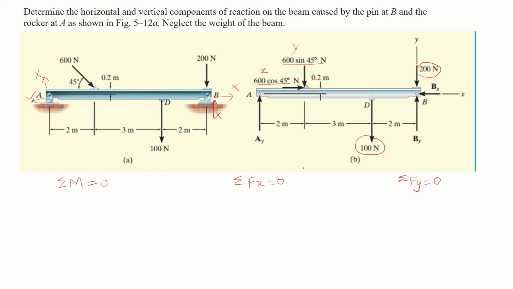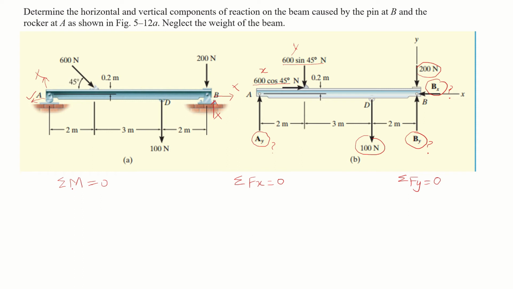So we have three equations of equilibrium, and we have to find three unknowns that are Ay, By, and Bx. These are three unknowns, and we have three equations of equilibrium. So we can find these three unknowns with the help of these three equations.